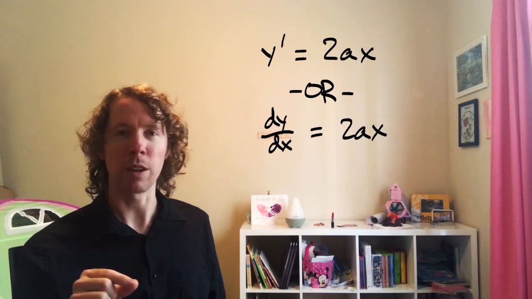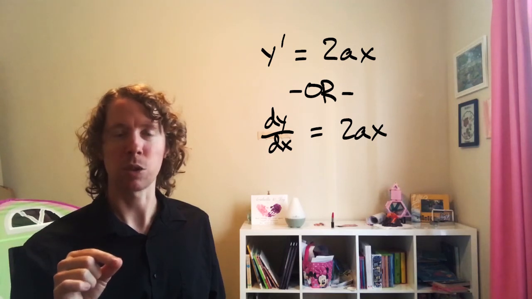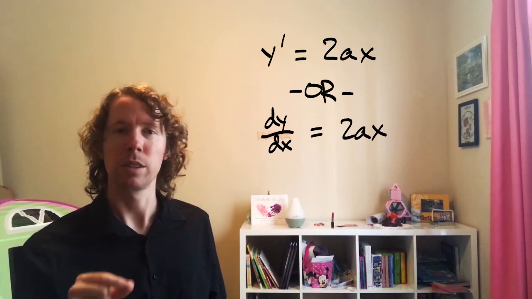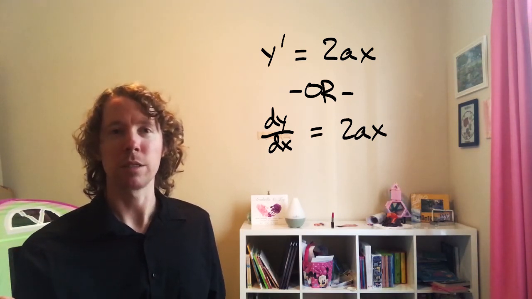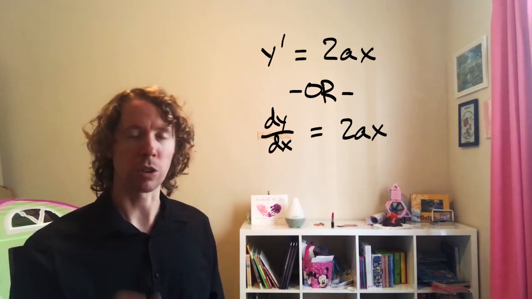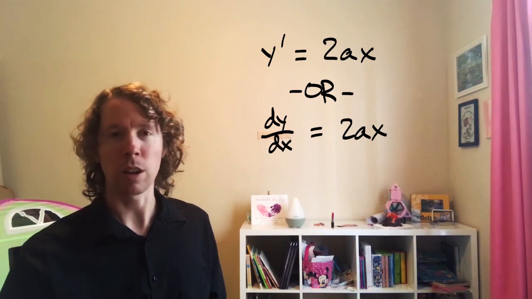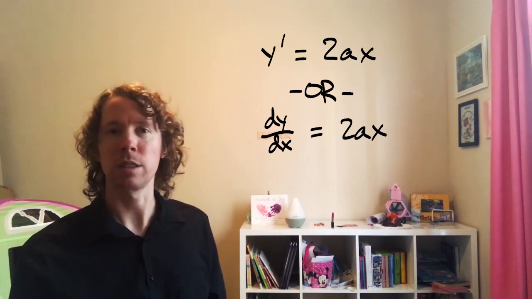The rate of change of y equals a x squared with respect to x is just 2 times a times x. So from now on, if you have a quadratic term and you want to find its instantaneous rate of change, you already know the formula. Just multiply 2 times whatever that constant is times x.